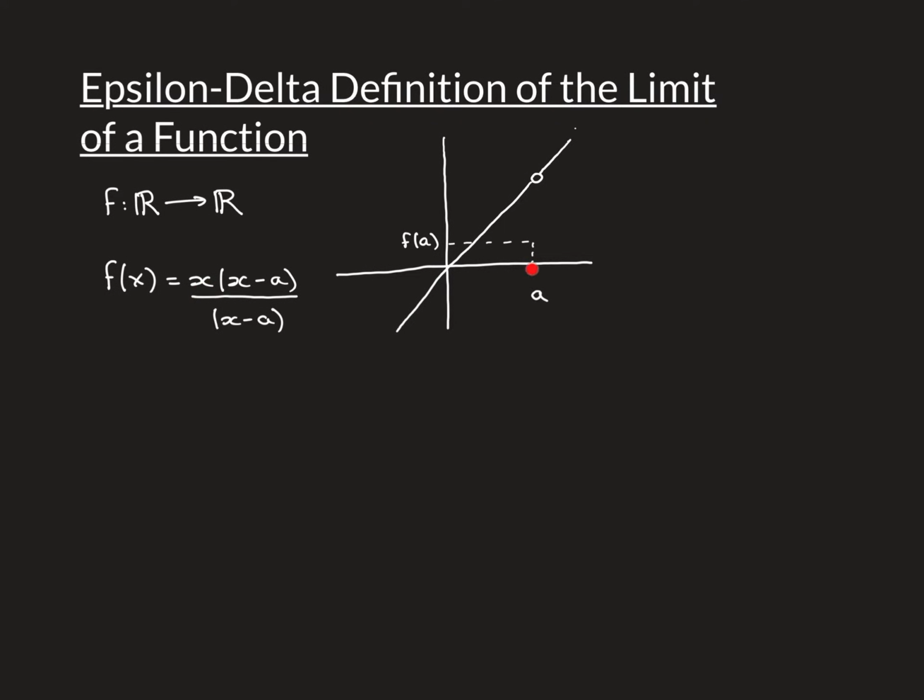However, at a, that's not the case. When you put a into this function rule, it breaks because you're trying to divide by 0. You're trying to have the multiplicative inverse of 0, which is undefined. So actually, at x is equal to a, this function is undefined. So graphically representing this, we have our beautiful f of x is equal to x, and then we have a hole at x is equal to a.